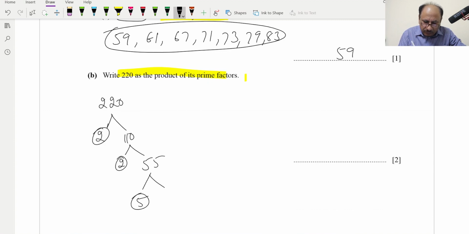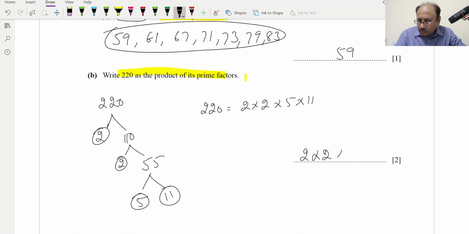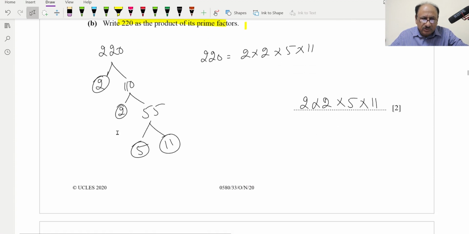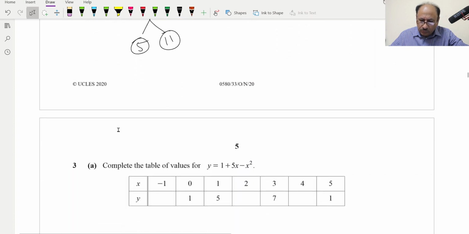Then we can divide it by 5 and 11, so we can write 220 is equal to 2 into 2 into 5 into 11. This will be the prime factorization. This is a very easy question, 2 marks.